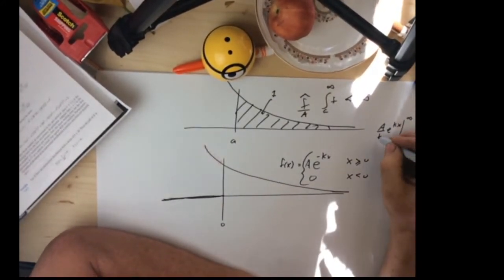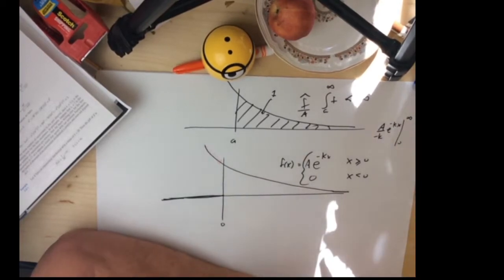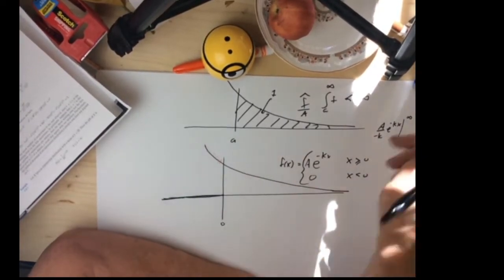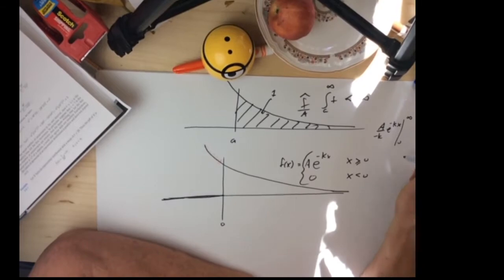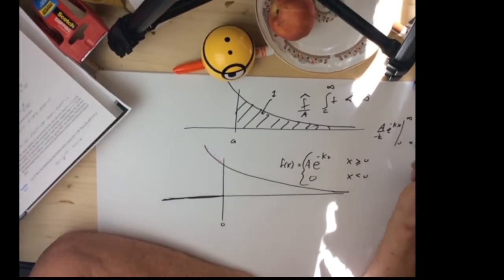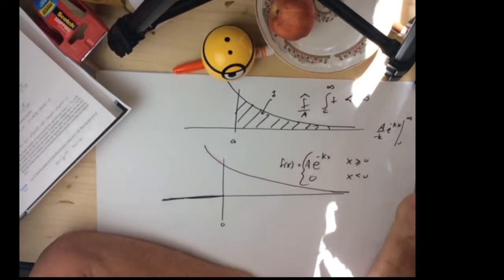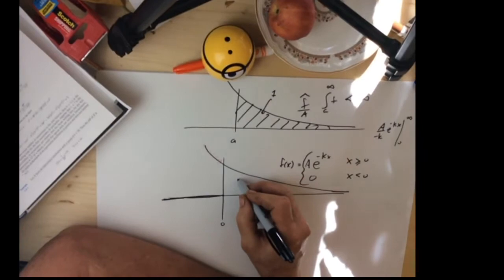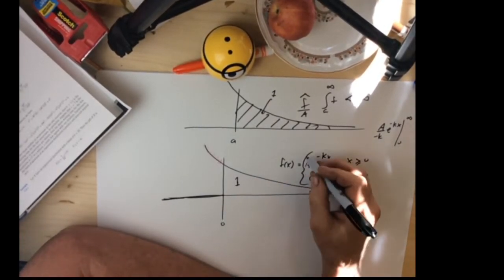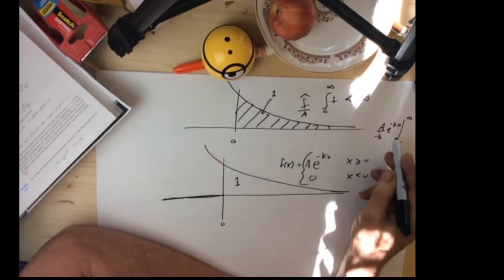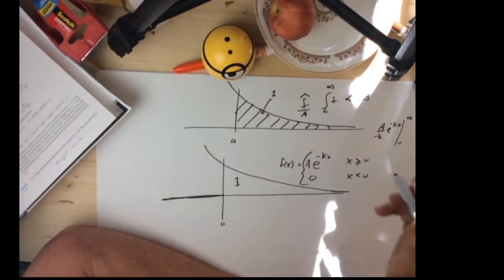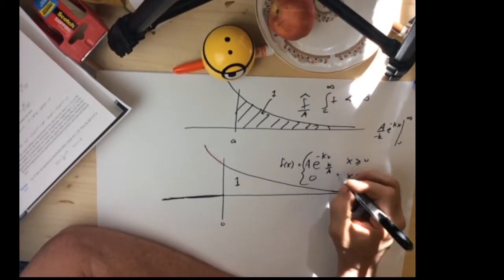So let's make k positive, but put the negative in there. Now when we put in infinity, that's going to go away. When we put in 0, we're going to get a over k with a minus minus. And so to get this area of 1, we just have to put k over a.